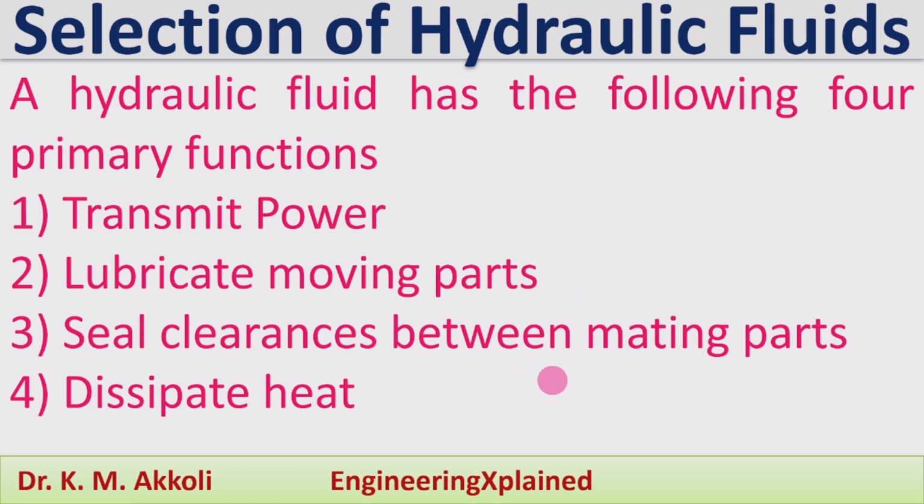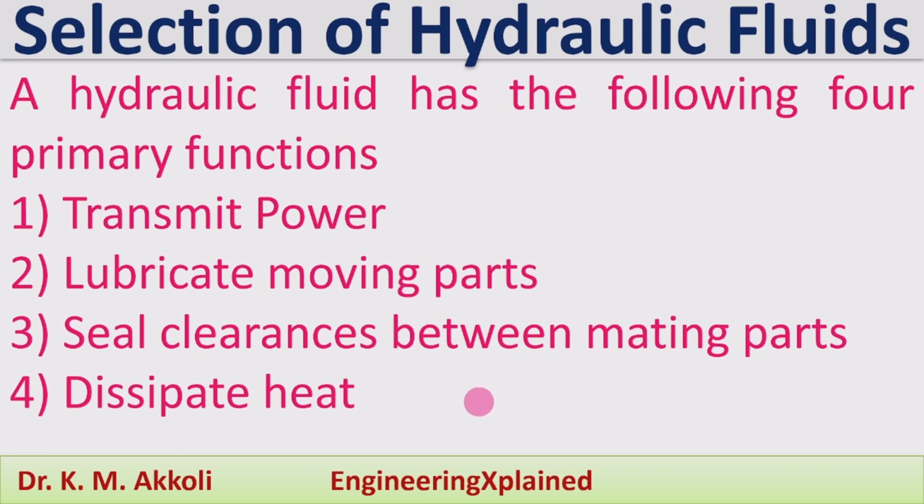Seal the clearances between the mating parts. If there are any clearances between two parts that are joined, those are to be sealed by the hydraulic fluid so that there should not be any leakage. The sealing should also be formed by the hydraulic fluids, and dissipate heat.